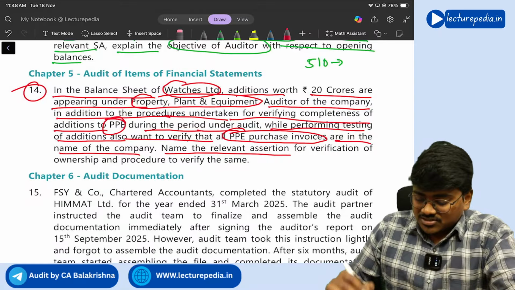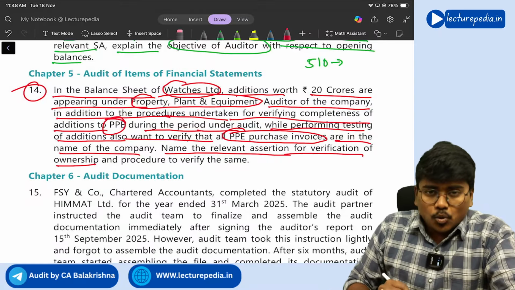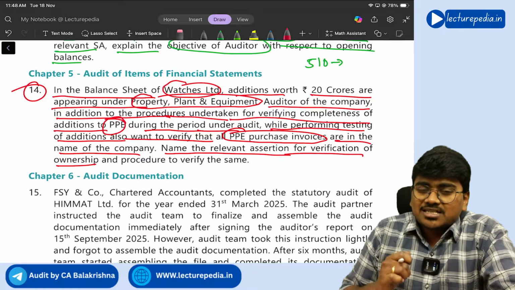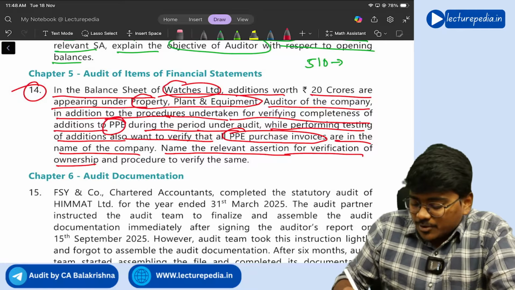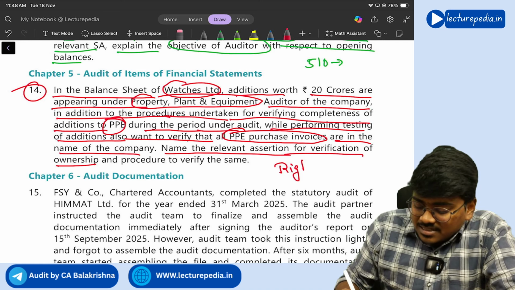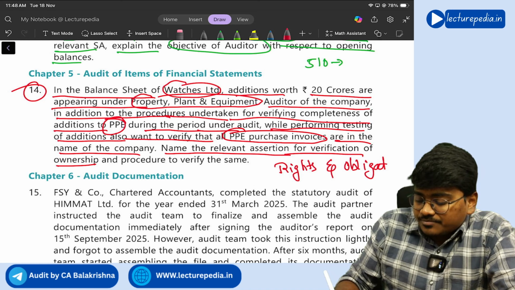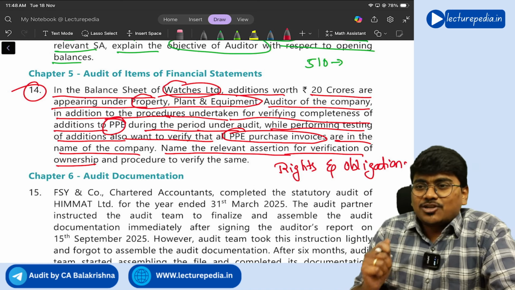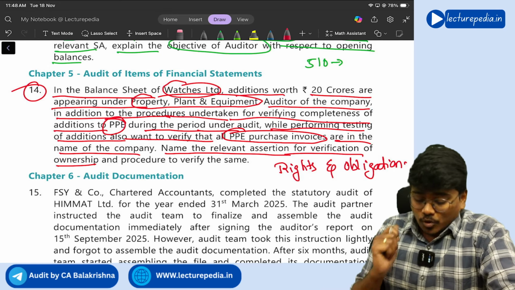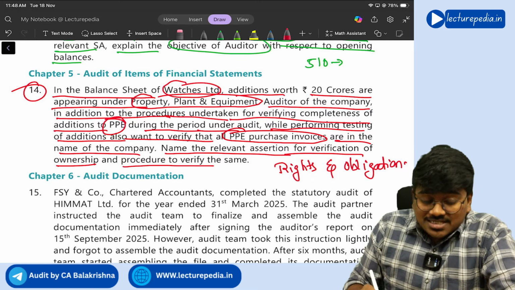Name the relevant assertion for verification of ownership. So in which assertion you will verify ownership? You will call it as rights and obligations assertion. Correct. So in rights and obligations assertion, you will verify ownership and procedures to verify the same.